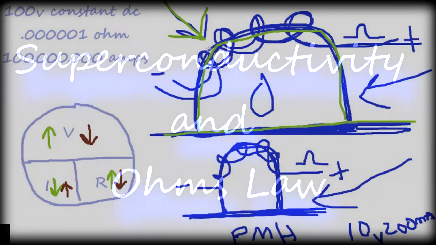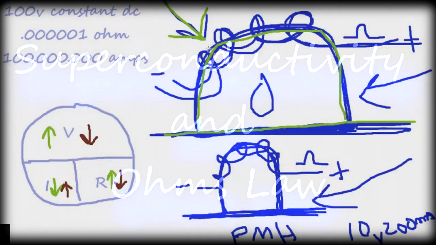Now let me just write that down. You guys are gonna like this. Sorry, 100 million amps can flow across this superconductor using 100 volts and 0.000001 ohms of resistance on that superconductor.